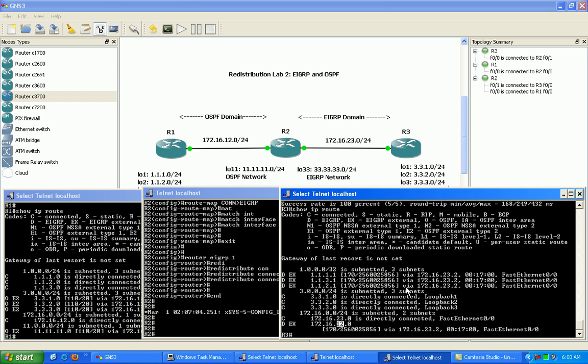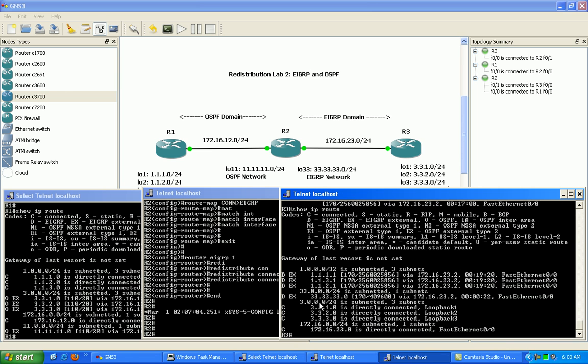So now what we should see here on router 3, we shouldn't see this 12 network come in at all. If I do a show IP route, now what you can see here is we are learning of the loopback 33 network coming in from router 2.